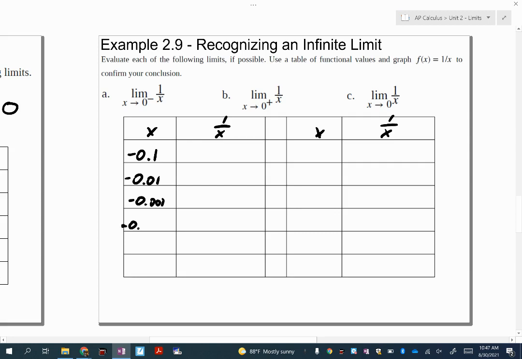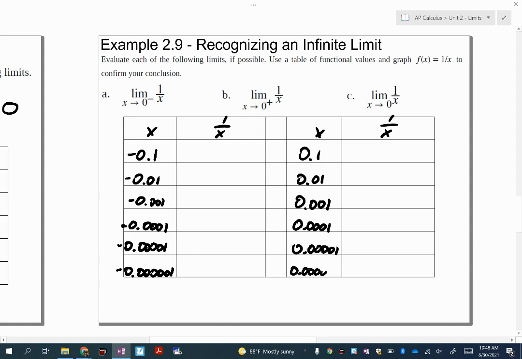We've done this many times now. Then from the right side, the same thing.